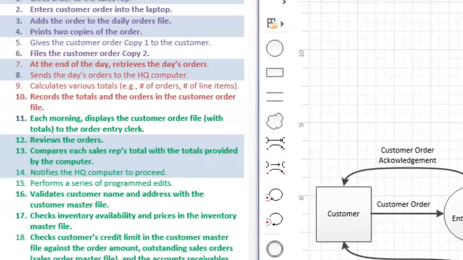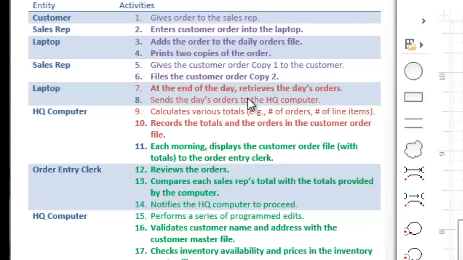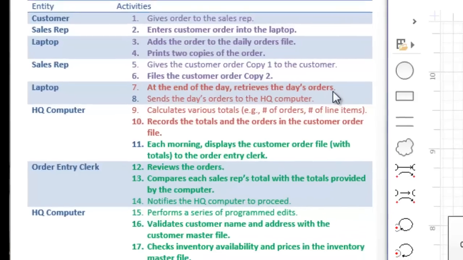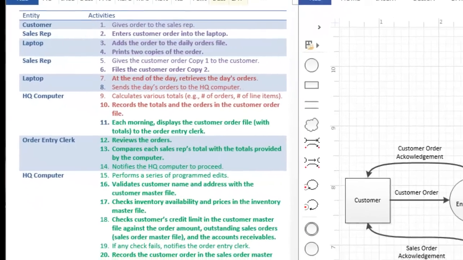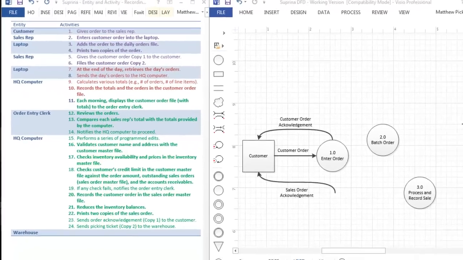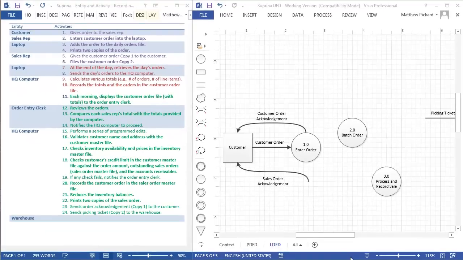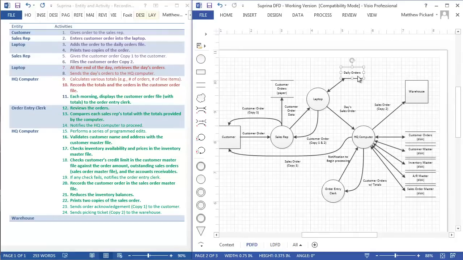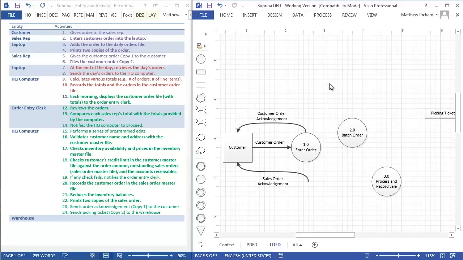And how do we do that? Well, it retrieves the day's orders, but where does it retrieve it from? If you recall from creating the physical data flow diagram, we had a daily orders data store, which was the laptop's hard disk. So it retrieves it from its hard disk. So we're just going to click over to the physical data flow diagram, copy the daily orders data store, and paste it in here.